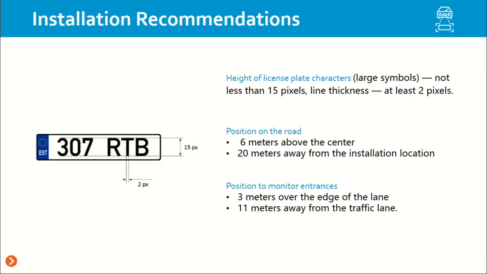The control zone center must be 20 meters away from the installation location. For parking mode, it will be enough to have 3 meters over the edge of the lane. The control zone center shall be 11 meters away from the traffic lane. Ensuring compliance with these requirements will allow to recognize license plate numbers with high accuracy and without errors.